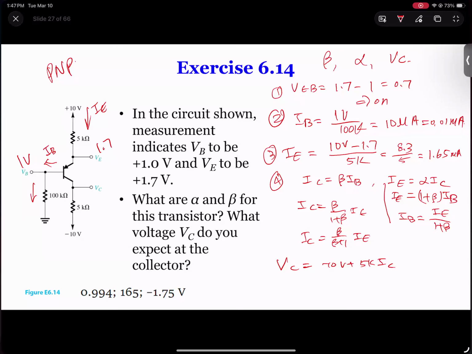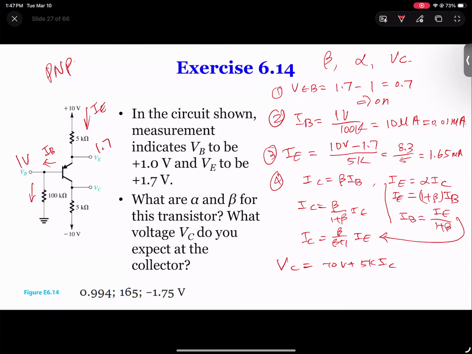So we find a beta, we plug in beta, we find IC, and then plug IC, we find VC. So at the end, what we need to do is we find VEC has to be larger than 0.3 volts. If it's not more than 0.3 volts, we have to redo the problem right now.